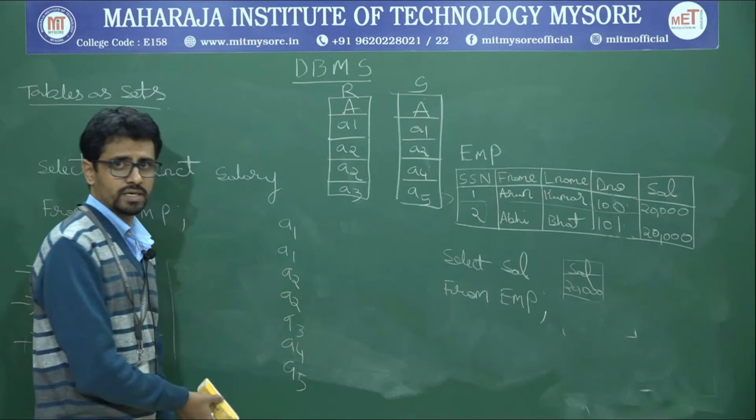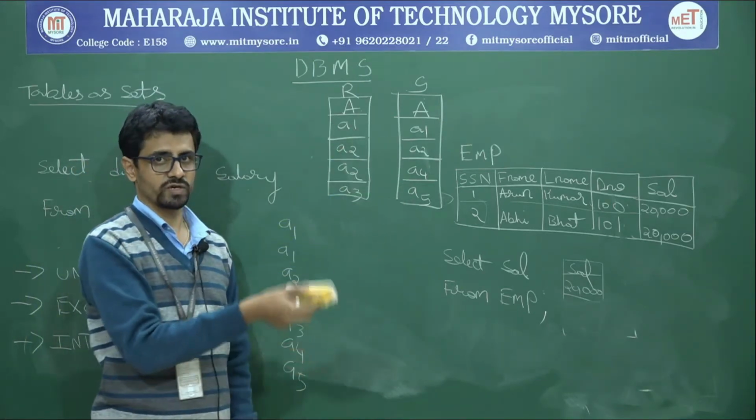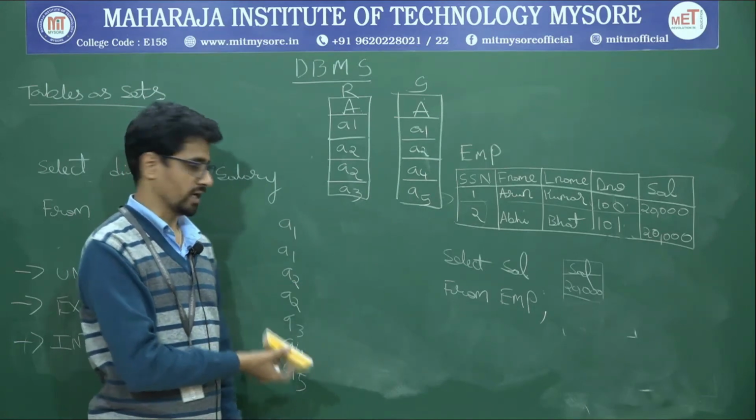As is seen, it will be the union of both. If a case is present in both the tables, it would have been taken off.